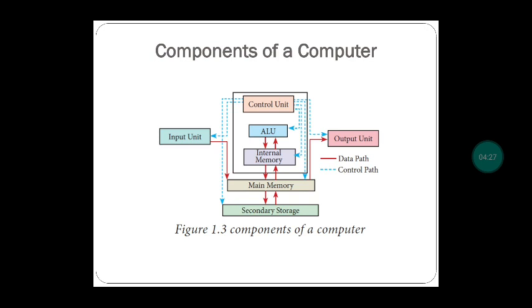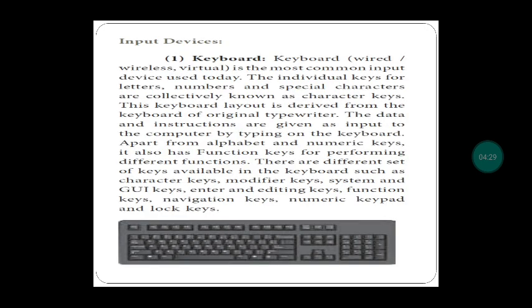Next, we will go for the input devices. The common input device which we have used is the keyboard. In the earlier stage, the keyboard had 104 keys, but nowadays many more keys are available.